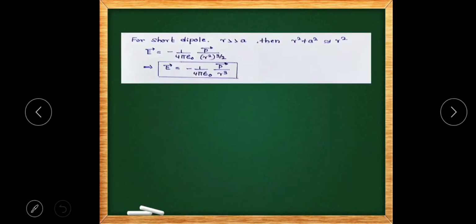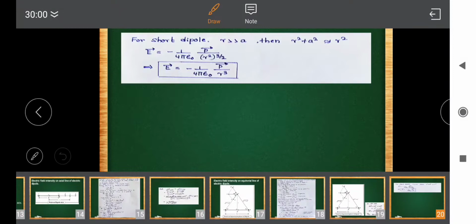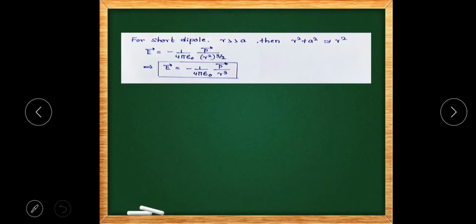For a short dipole, R is very much greater than a, so R square plus a square is equal to R square. In this expression a square is neglected.